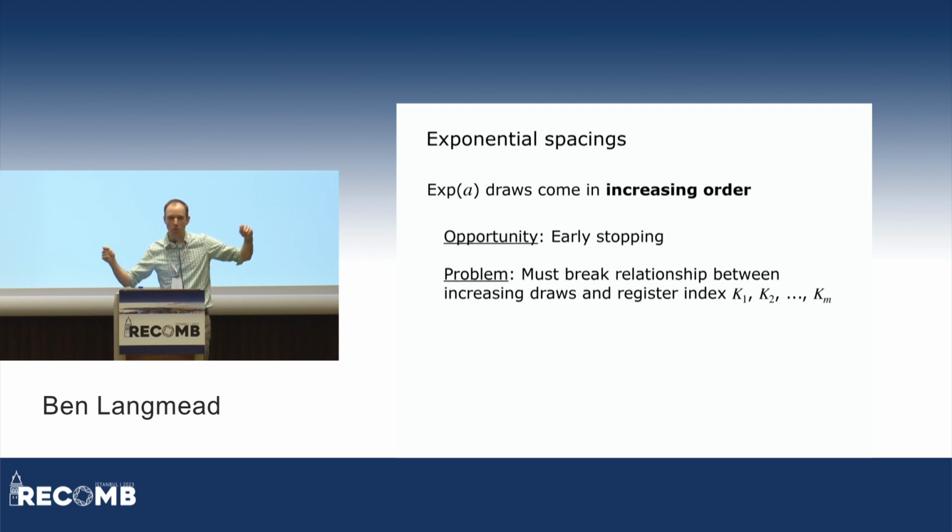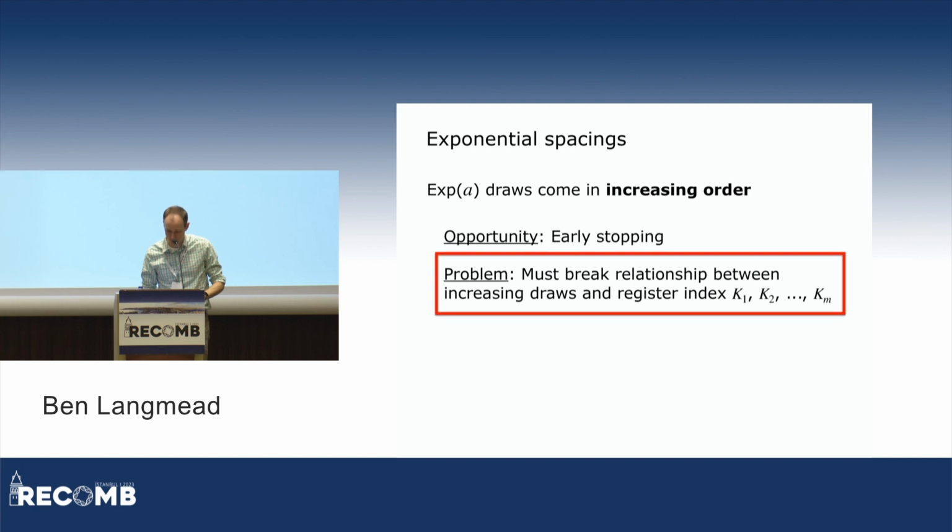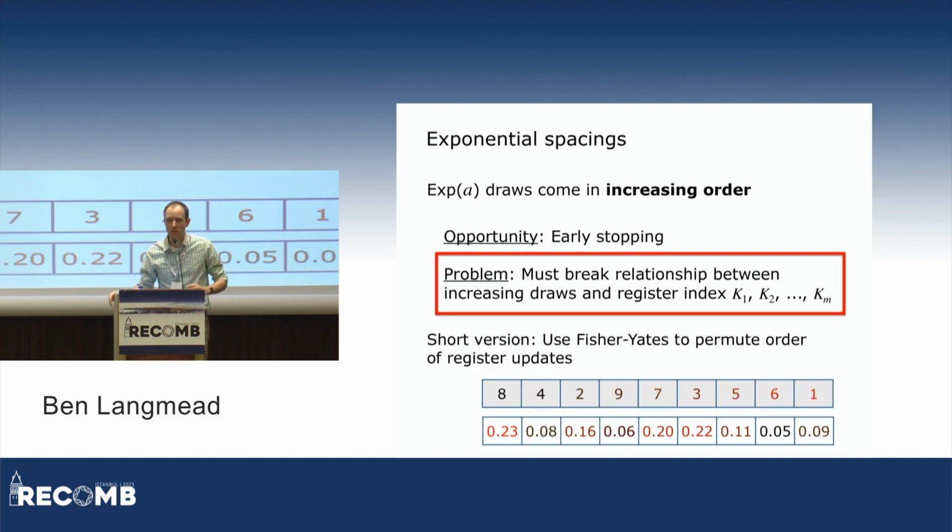We don't want one register to always get large draws and another one to always get small draws. So to fix the problem, I will just very quickly state that since we're already initializing a random number generator, we can do a Fisher-Yates shuffle to ensure that the registers that the draws are assigned to are random. So they're randomly shuffled.